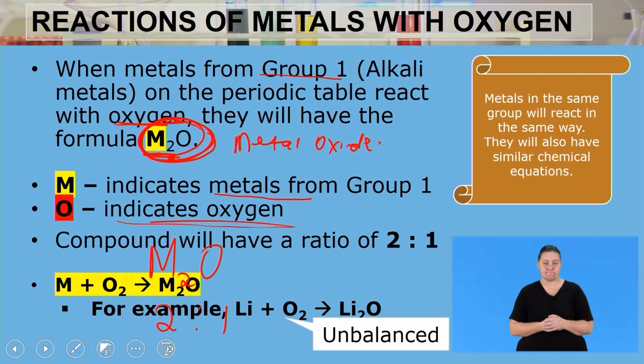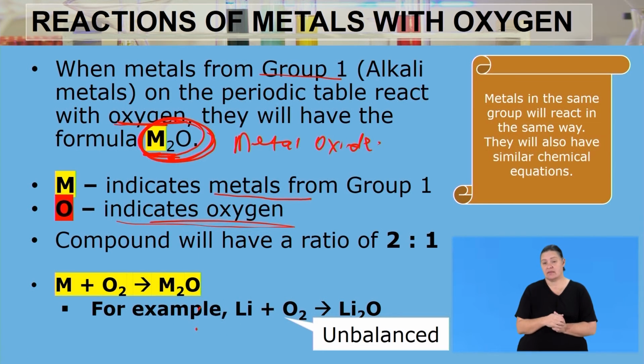Now, we need to look at this example again, where the metal from group 1 is going to react with oxygen. So we have group 1, and we can take any metal from that group. As an example, we have taken lithium. So lithium reacting with oxygen must form lithium oxide.